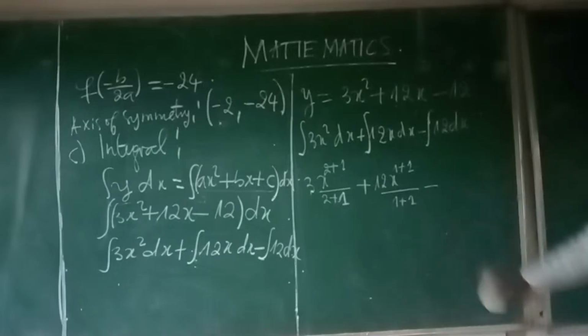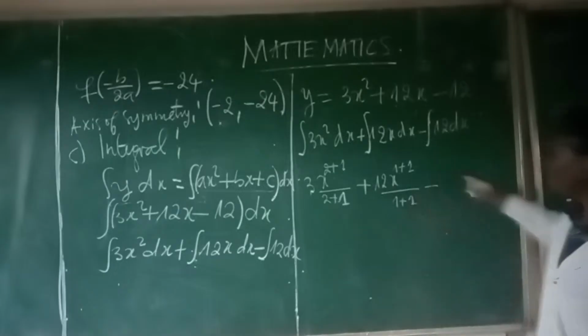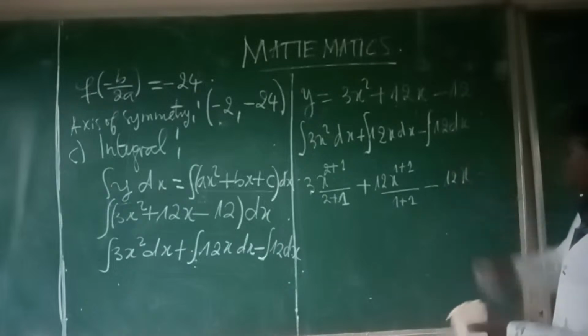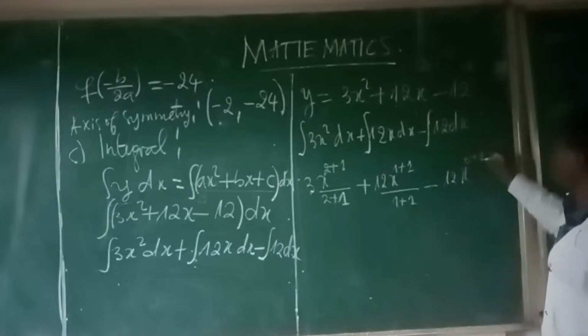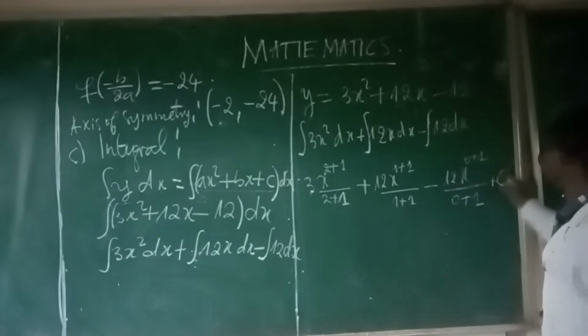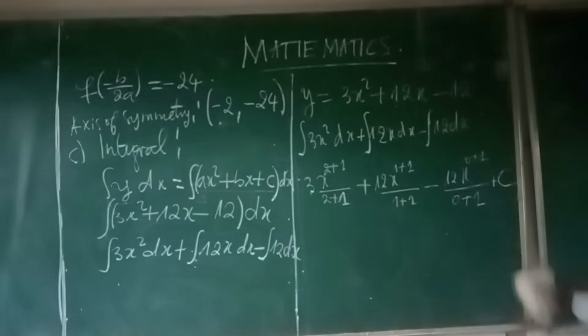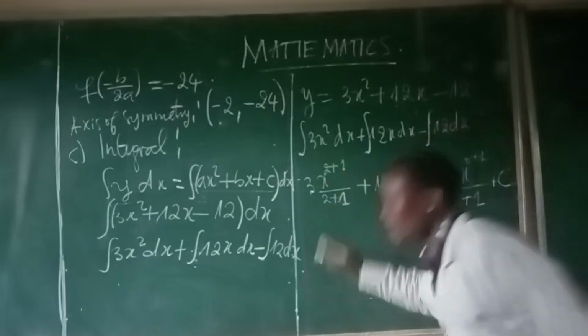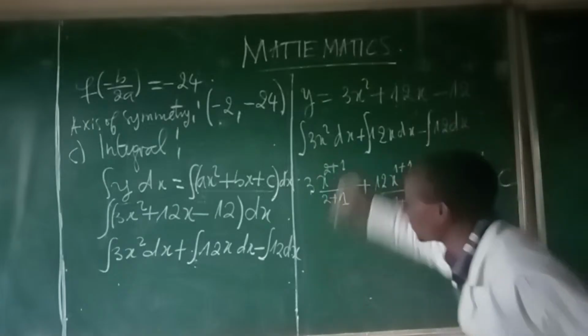So now let's continue. For the last step, it is minus 12 times x power 0 plus 1 over 0 plus 1, plus constant c, because it is an indefinite integral. Now let's make a sum of what you have here above.